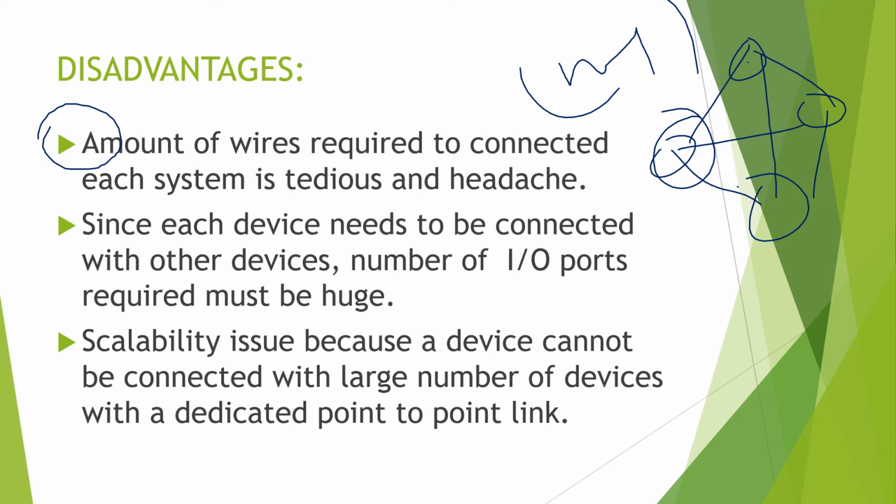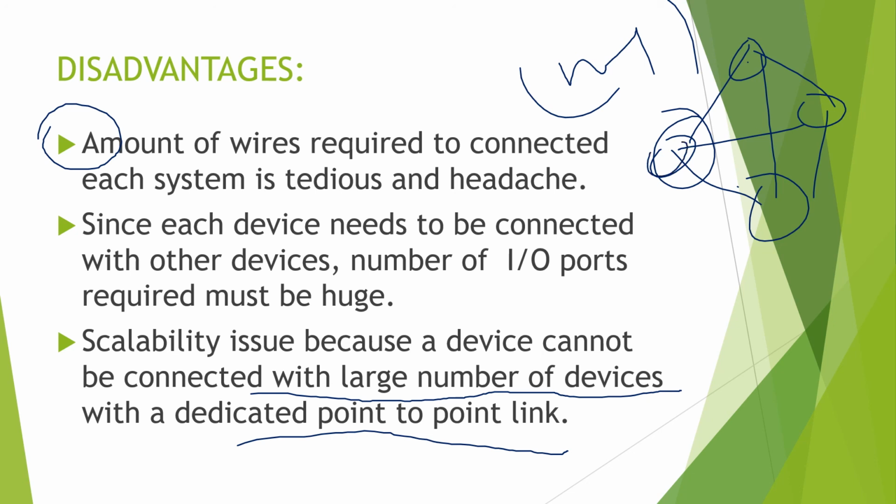Next one, each device needs to be connected with other devices, so the number of fiber ports required must be huge. This is also the same point. And there are scalability issues, because a device cannot connect with a large number of devices with a dedicated point-to-point link.